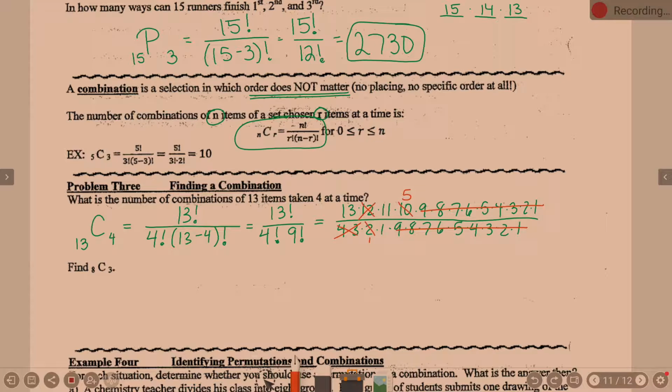I just went from a whole bunch of crazy numbers to what? 13 times 11 times 5. It's going to give you the answer of 13 combination 4. What answer did we get? What was it? 715? One way or the other that you did this, you got 715?